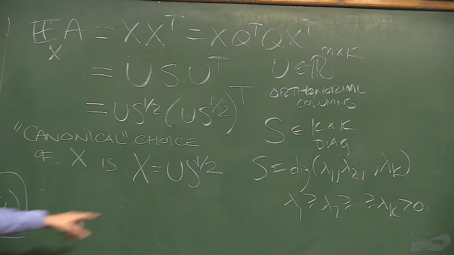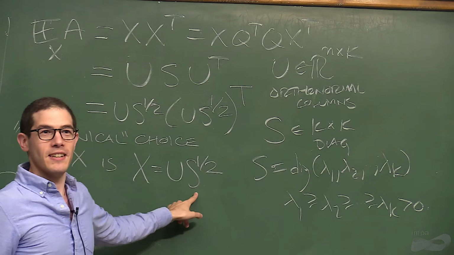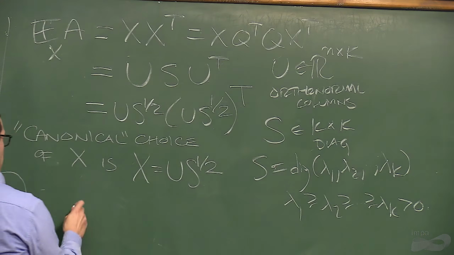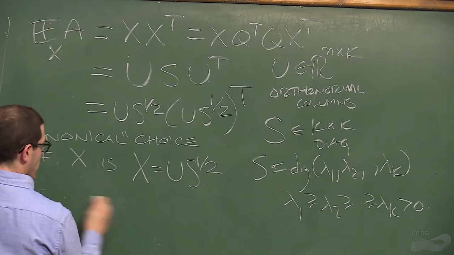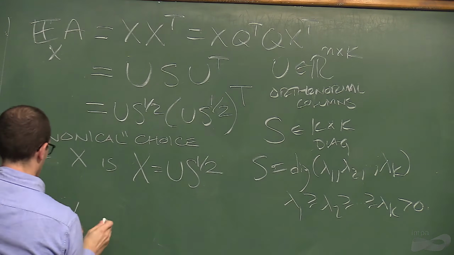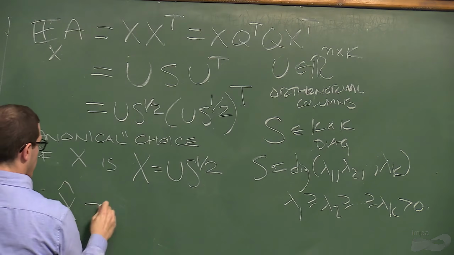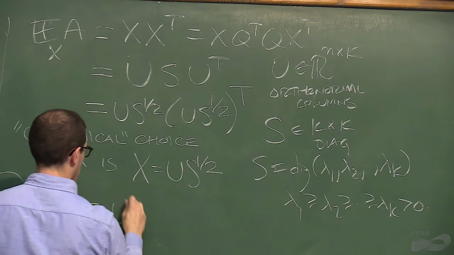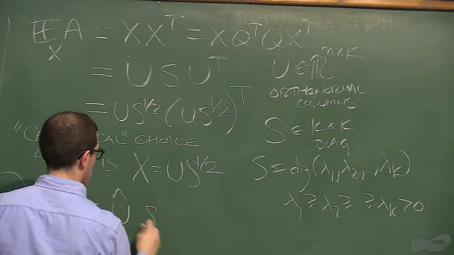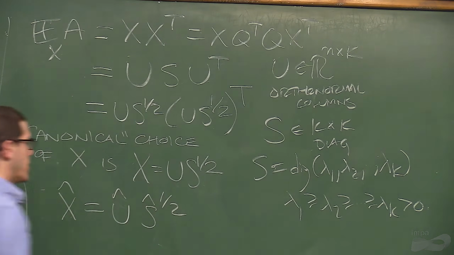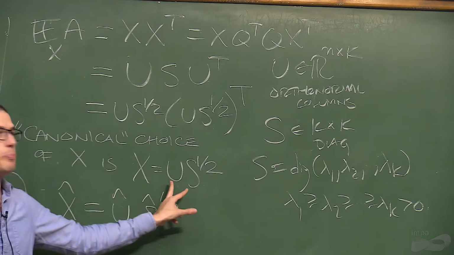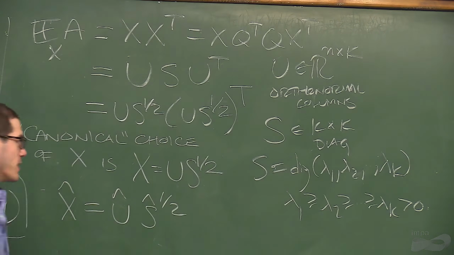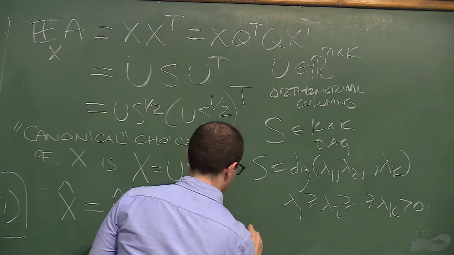So here's a u, and here's an s. Let's hope we can estimate u hat and s hat, and I'll just plug them in here to write x hat. This is the plug-in principle in statistics.